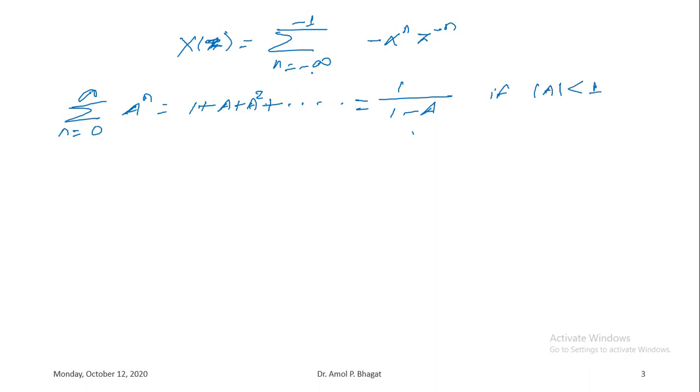But here the summation limits are minus infinity to minus 1. So it should start from 0 to infinity, or at least 1 to infinity should be there, right?